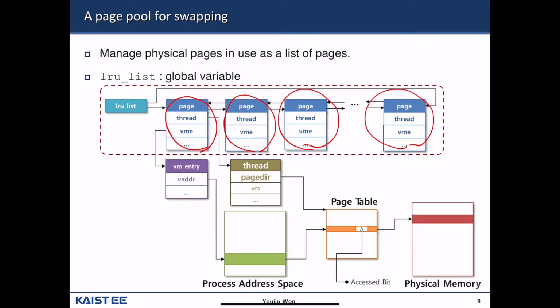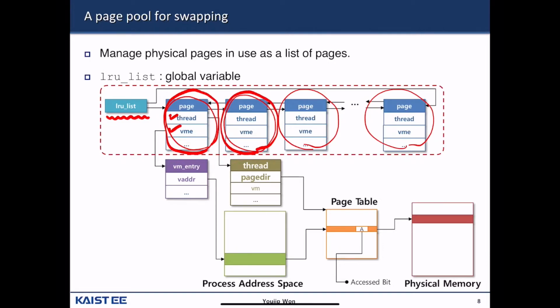So there is a global variable, the LRU list, and then there is a bunch of physical page frames which have a legitimate virtual page. For example, the first field contains a pointer to the thread structure to which it belongs. And then it contains a pointer to the virtual memory entry, which we defined in the previous class.